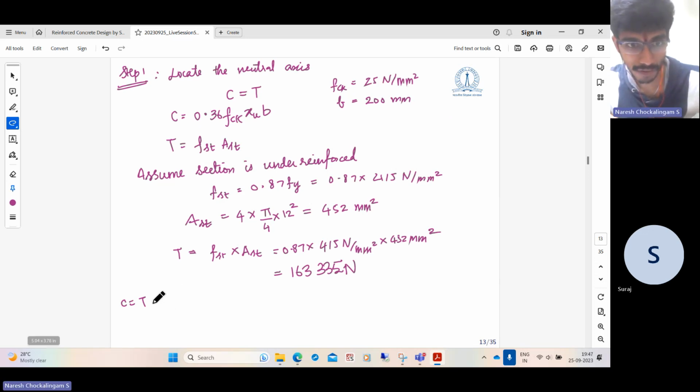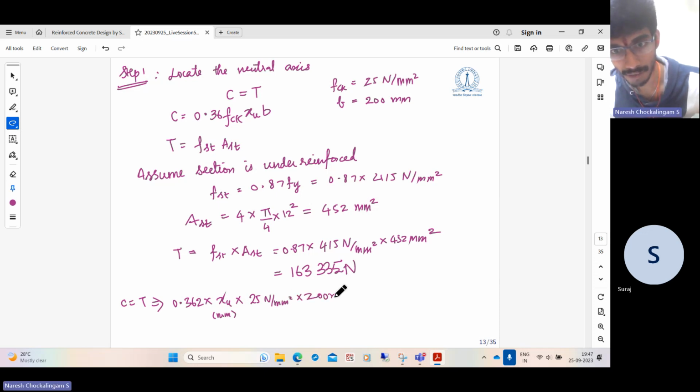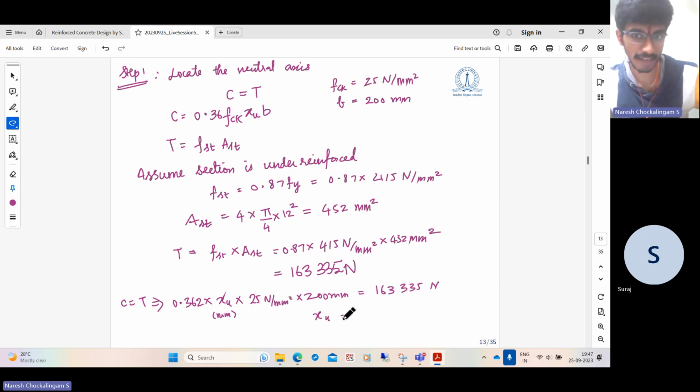If you equate the two, you get 0.362 times XU, XU in mm, into FCK, which is 25 Newton per mm square, into B, which is 200 mm, is equal to 163,335 newtons. If you take everything to the other side, you get XU to be equal to around 90.74.